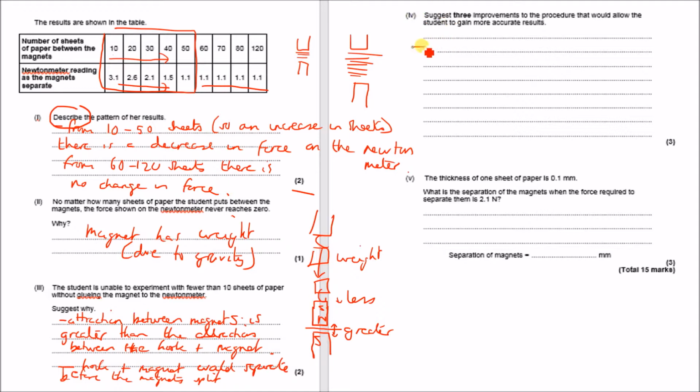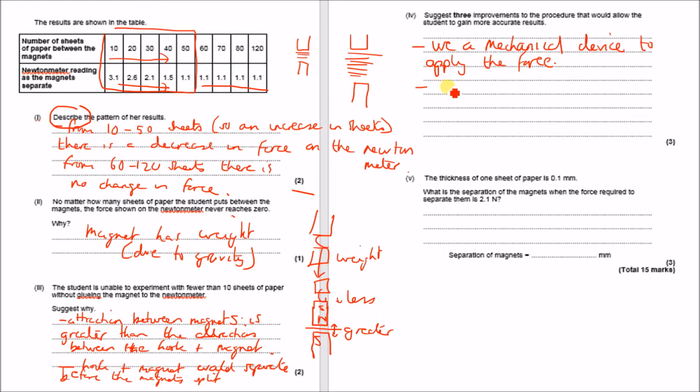So I think the best answers on the mark scheme for this are: to get a more accurate result you should use a mechanical device to apply the force. So by having a mechanical device, you're obviously going to have a force that is consistent and it is easier to measure.